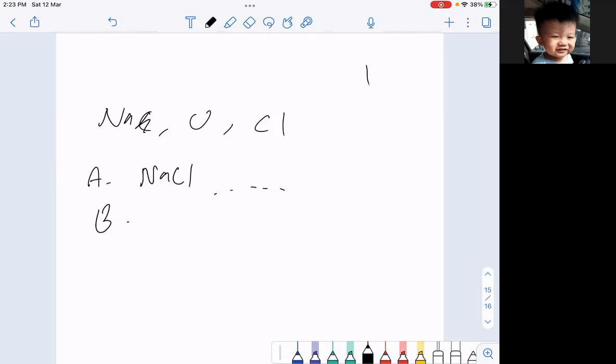What compound? It's not easy, but you can. Just give me one also can. One compound is enough. It must be covalent.